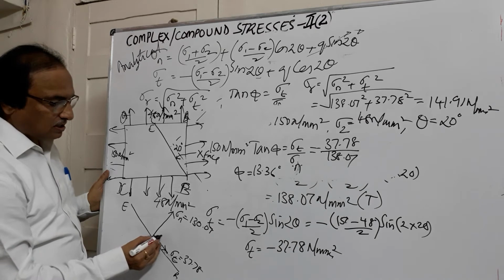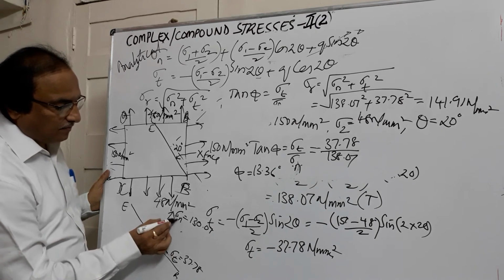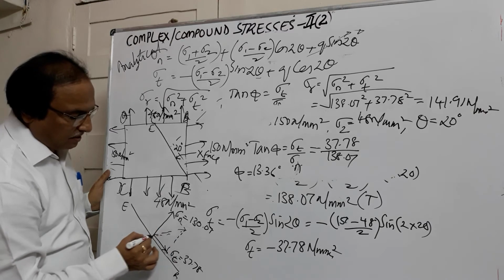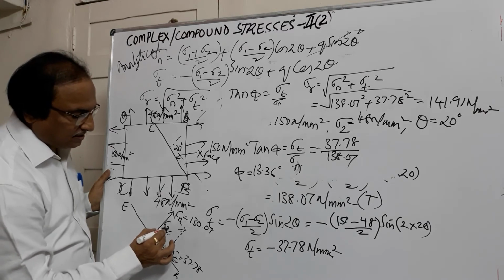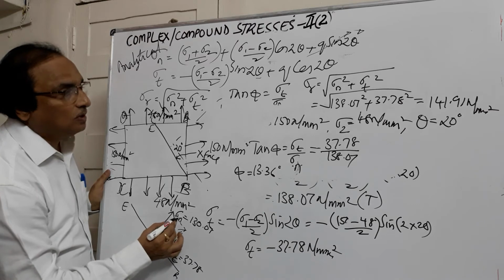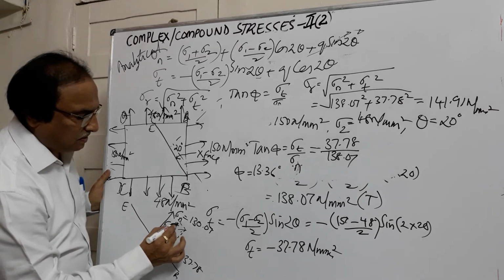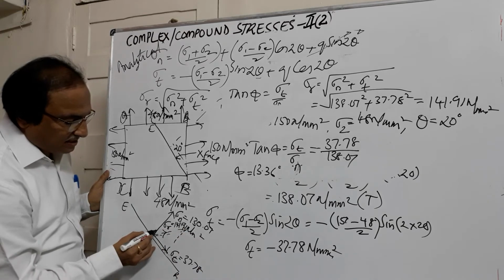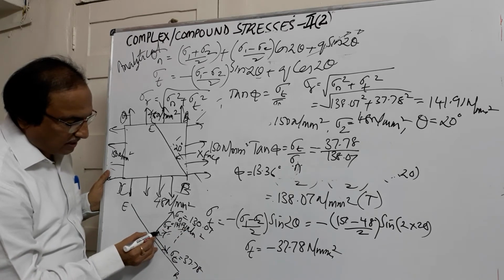We have got the resultant. I can use the parallelogram law of forces. If I draw a diagram like this, this diagonal will represent the resultant stress. This is equal to 141.91 Newton per mm square, and this is the angle phi, the obliquity.